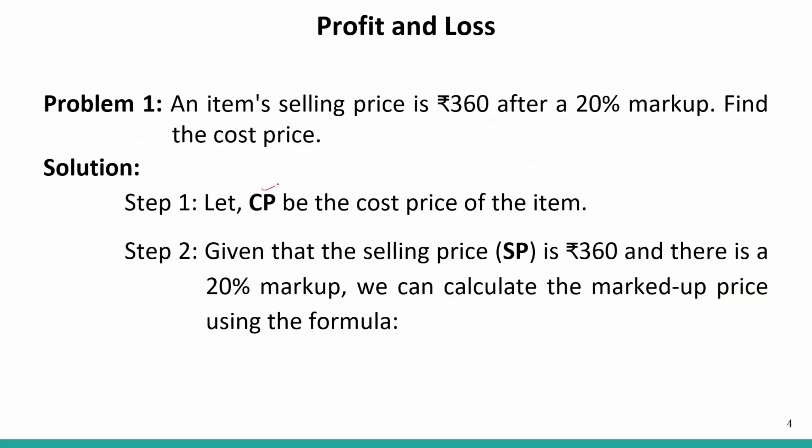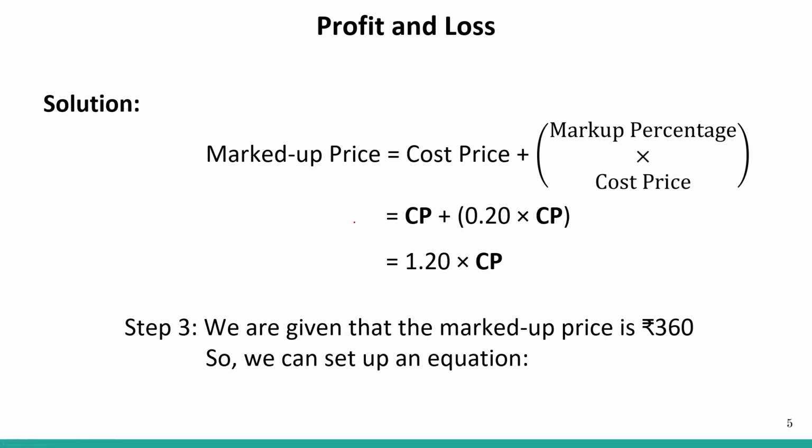So let CP be the cost price of the item. Given that the selling price is 360 rupees and there is a 20% markup, we can calculate using the formula. The final price is cost price plus markup percentage into cost price. The markup percentage is 20%, in decimal form 0.20.